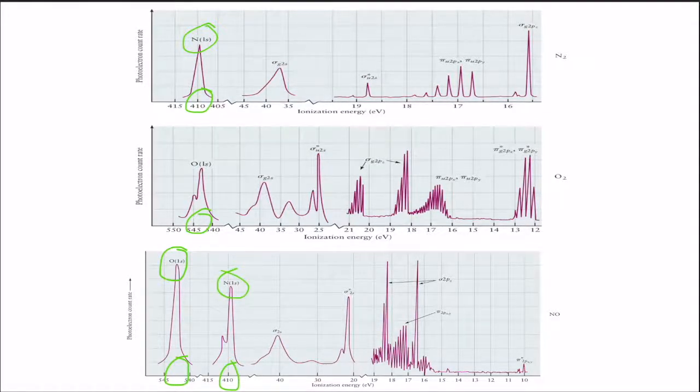Again, I hope that this convinces you that the 1s orbitals for second row diatomics don't do anything. Then we have the sigma 2s, no problem, at about the same energy. And then we have the sigma u 2s star.